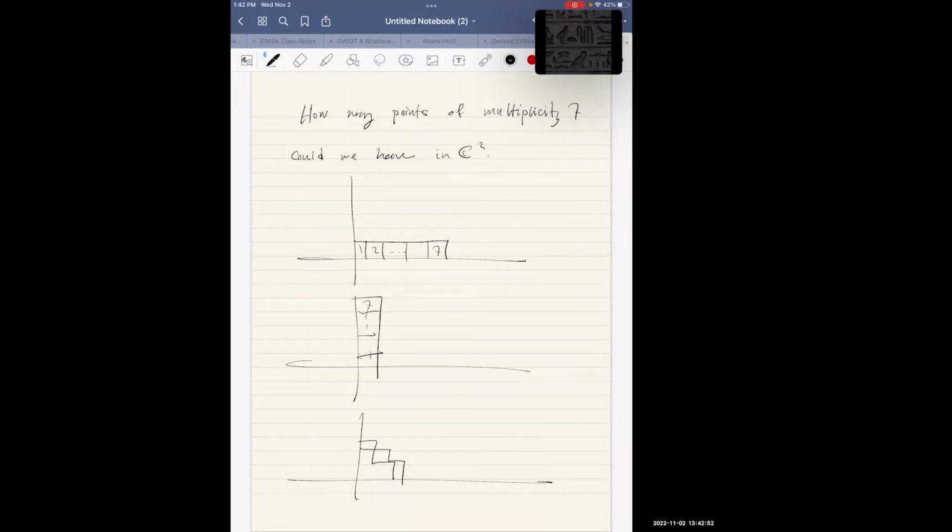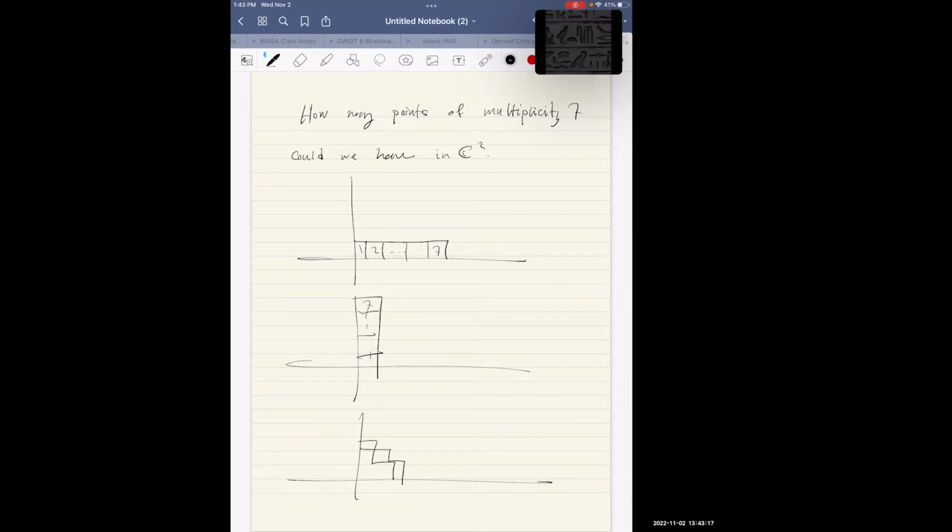As soon as I fix the length of the zero-dimensional subscheme in C2, or the profile of it, it just boils down to a combinatorics problem. I can just count how many box configurations I have, and that gives me the possible number of points I can have.